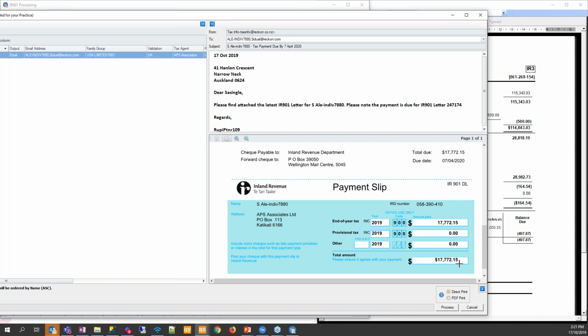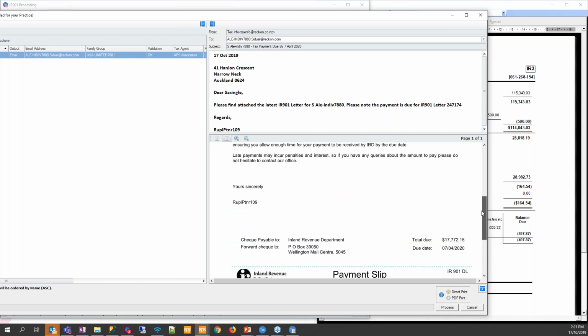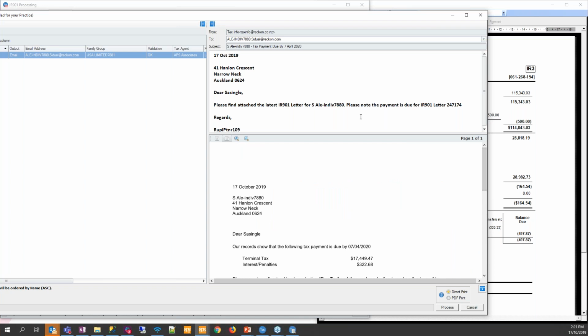The total amount will always still be correct. That is, I guess, the final point, but it just does look a little bit odd having potentially credits under provisional tax. It does indicate that an overpayment has been made, but it isn't always that clear to the end client. So we are looking at other options for the letter, aren't we, Nigel?